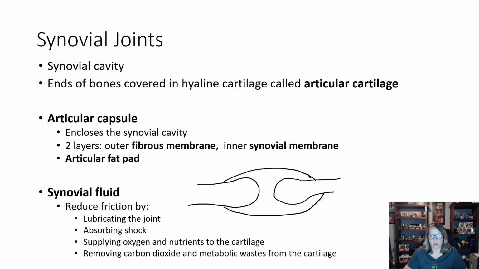What we have first is the articular capsule. This is the part that's going to enclose the synovial cavity, which is here. So here's our cavity. This is the capsule. Now the capsule itself will have an inner lining that will be the membrane here. And then we also have the outer fibrous membrane, which is going to be this outer part here. The fibrous membrane is basically, this can be ligaments.